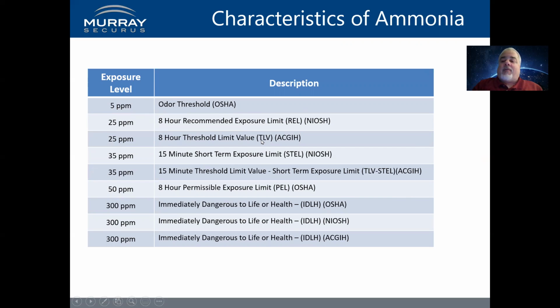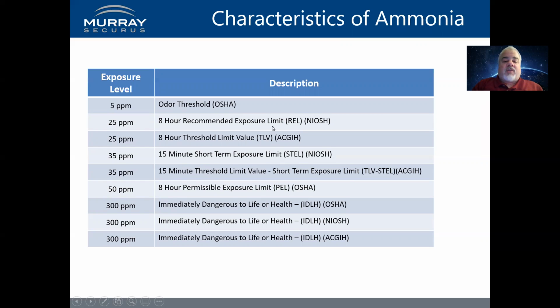So you can't have above 25 parts per million in the environment during an 8-hour work shift. At 35, it's only a 15-minute brief period of work. At 50, you have an 8-hour permissible exposure limit according to OSHA.